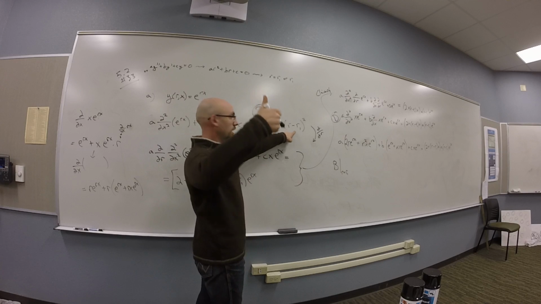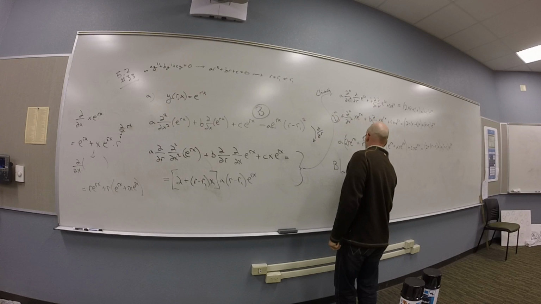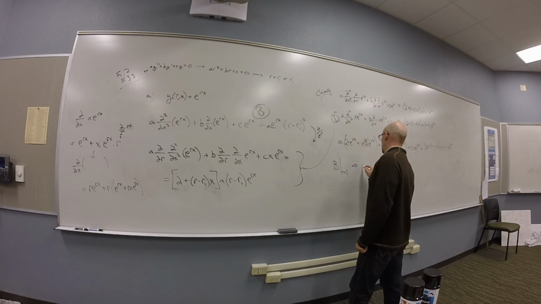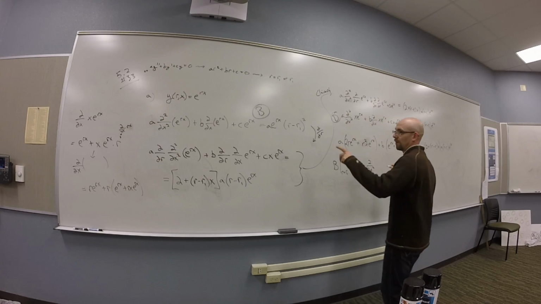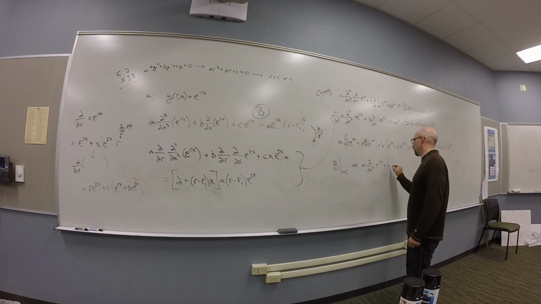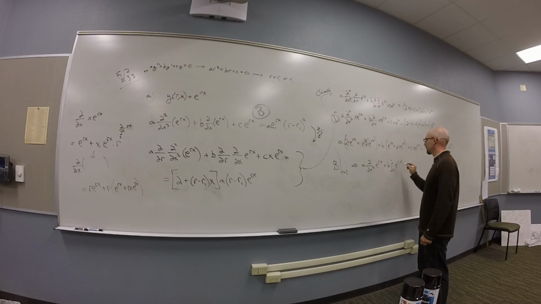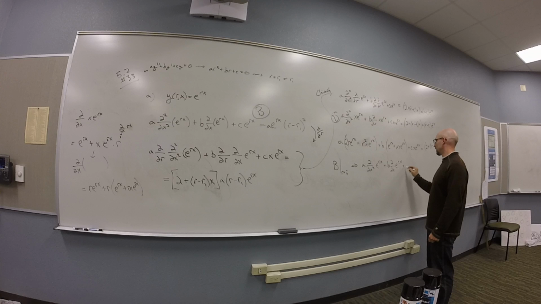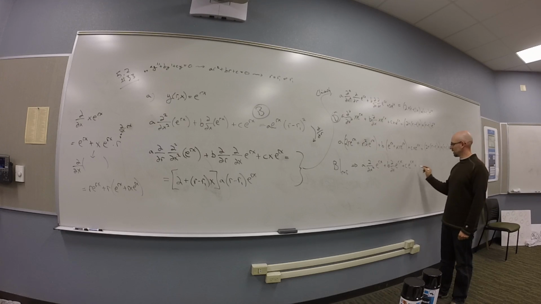On this side, you get a times the partial with respect to x squared of e to the r1x plus b partial with respect to x of e to the r1x plus c e to the r1x equals 0.